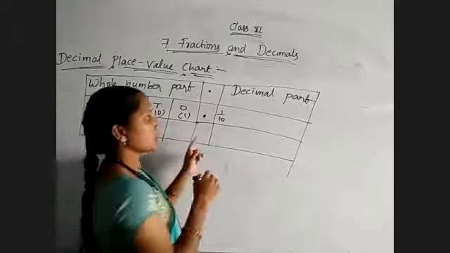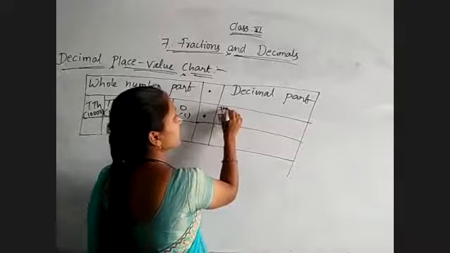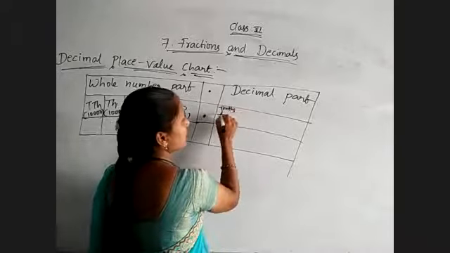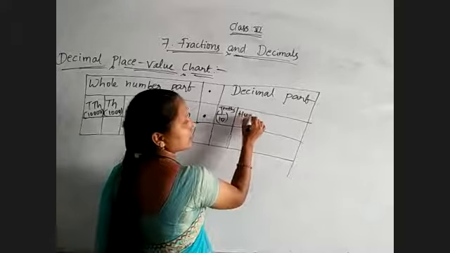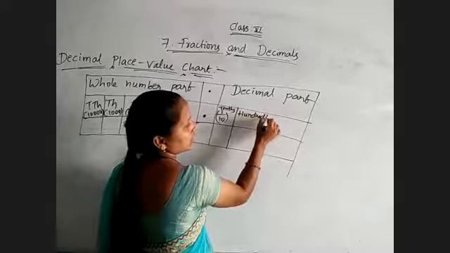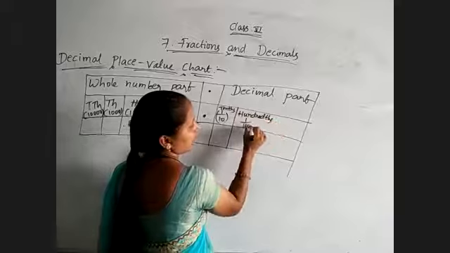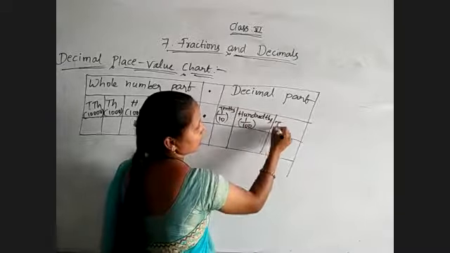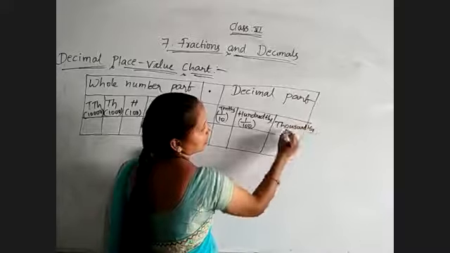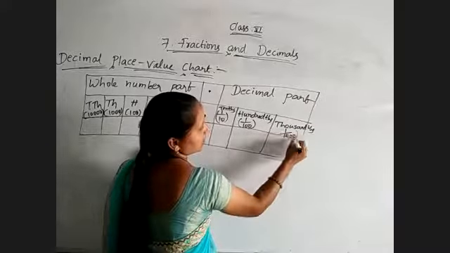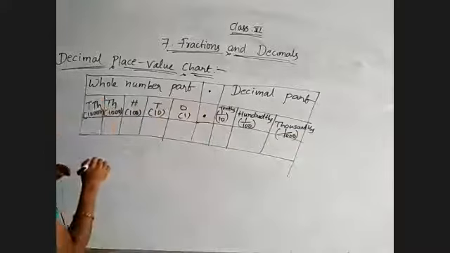Whereas coming to the decimal portion, tenths is 1 by 10, hundredths is 1 by 100, and thousandths is 1 by 1000, like this. See, for suppose if I am representing a number like this.